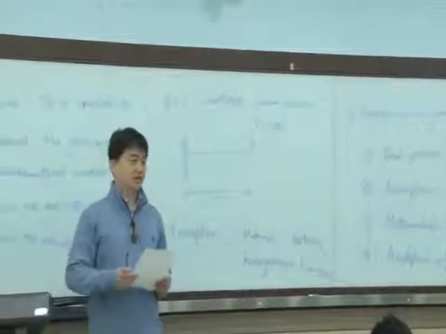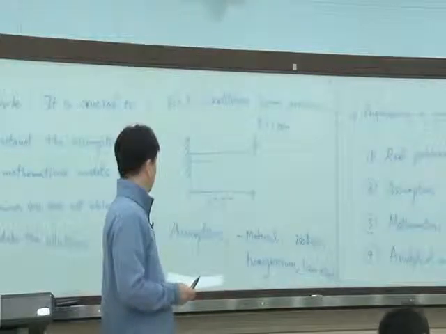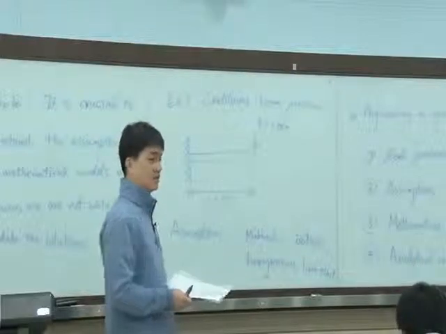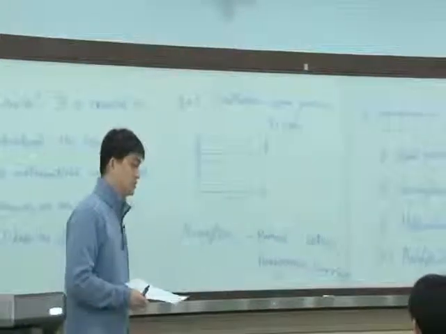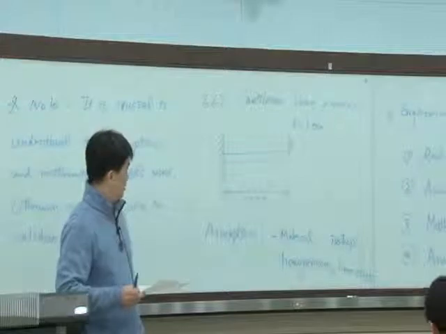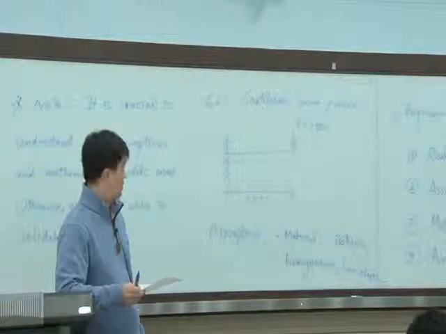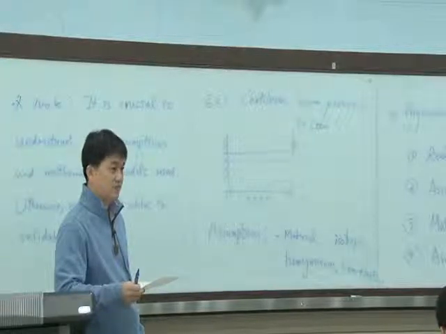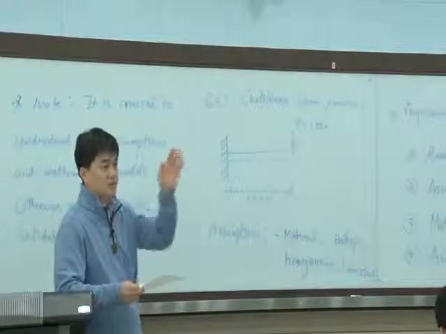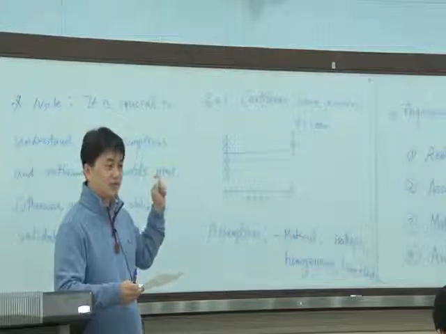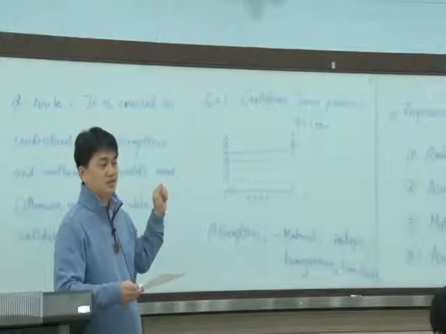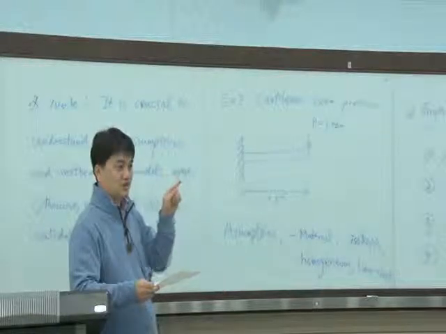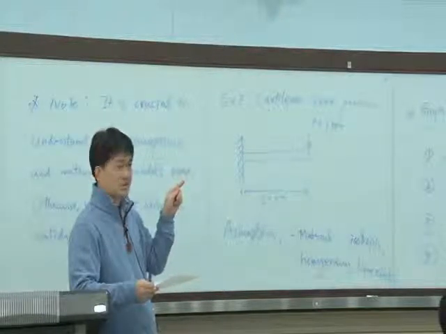In undergrad school, we use the assumption isotropic, homogeneous, linear elastic for the material. You know the meaning? Homogeneous means the property of a material is uniformly distributed. Okay? So the property of material does not depend on the position in space.